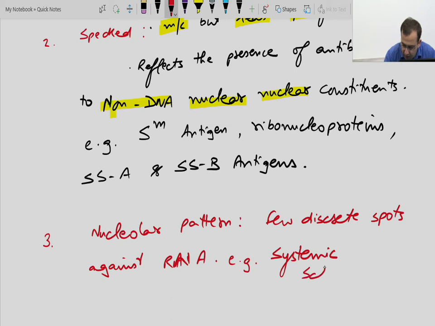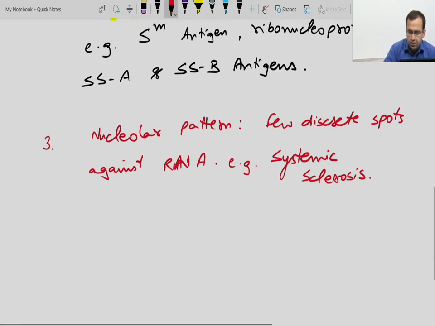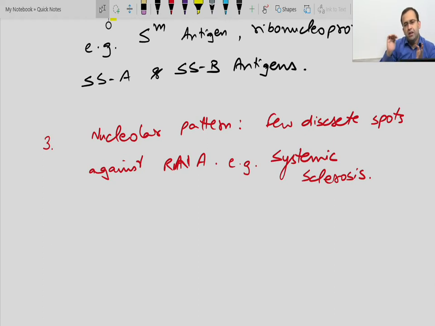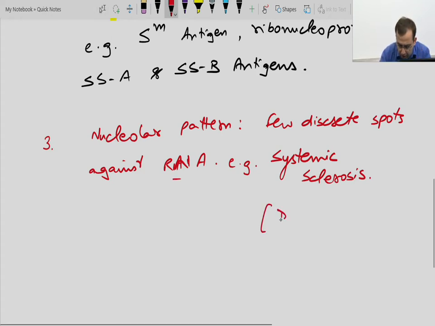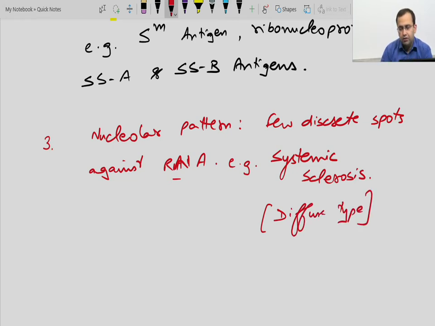Systemic sclerosis is of two types, limited and diffuse. The limited type is associated with anti-centromere antibody, whereas the diffuse type is associated with anti-RNA polymerase 3 antibody. So the nucleolar pattern, with a few discrete spots against RNA, is associated with systemic sclerosis, diffuse type.